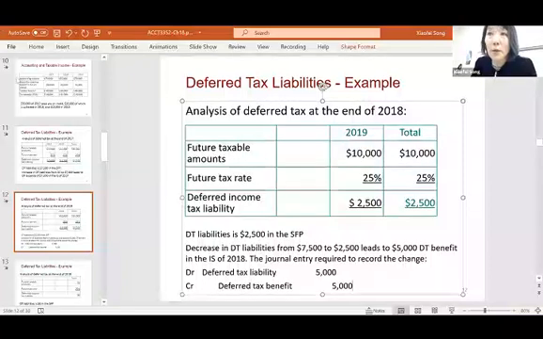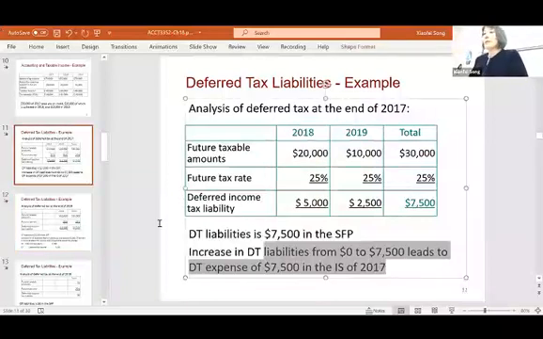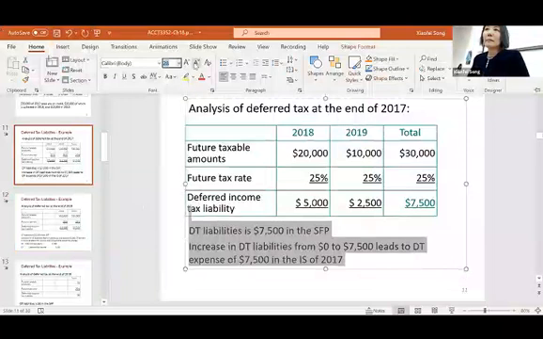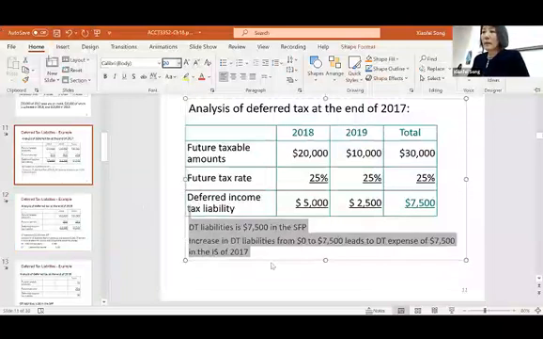Okay, so let's go back to do the journal entry for the year 2017 as well. Okay, so year 2017.